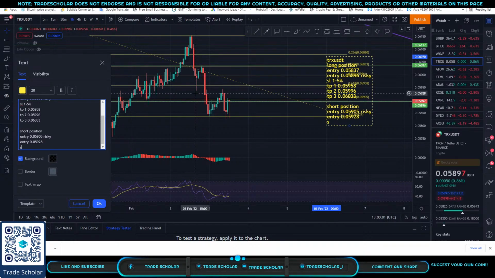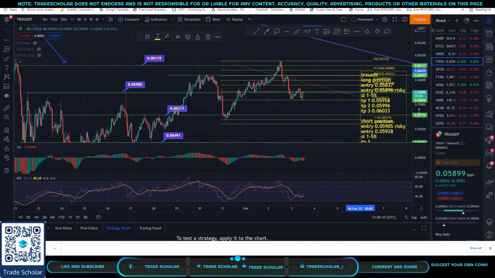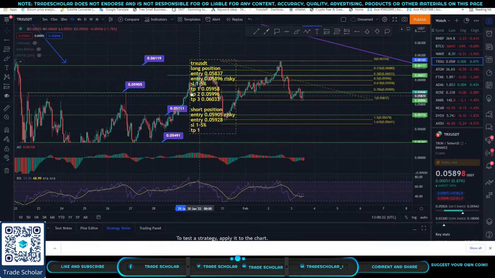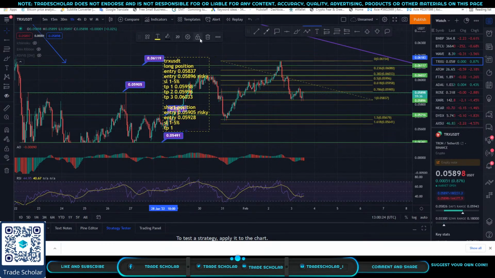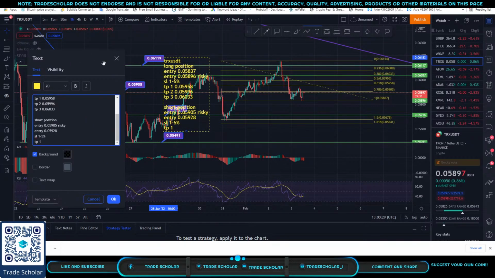SL 1 to 5%. TP1 will be for this short. One will be 0.0583.